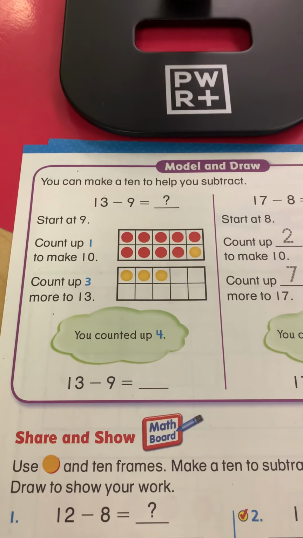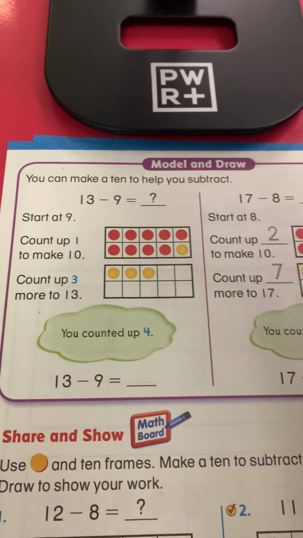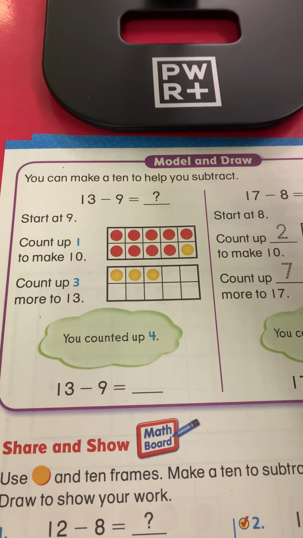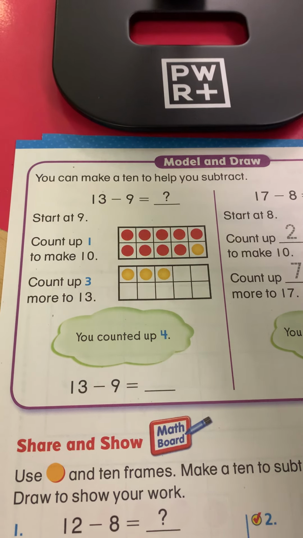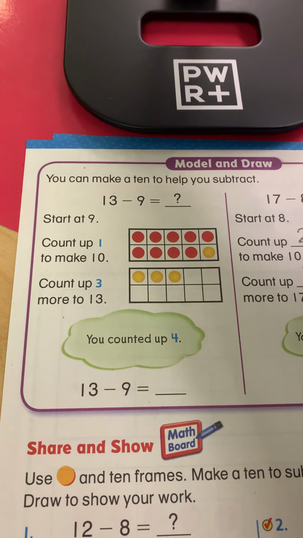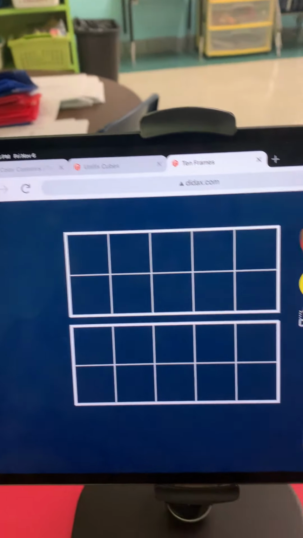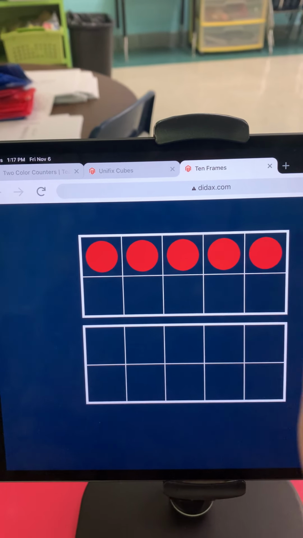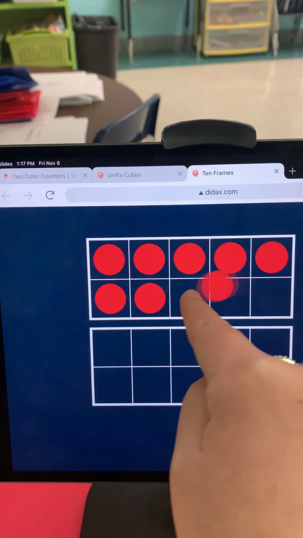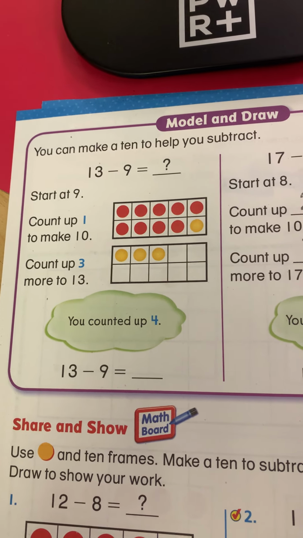Let's look at our example. You can make a 10 to help you subtract. 13 minus 9. So we're going to start at 9. Let me clear my 10 frame. Okay, so we're going to start at 9. 1, 2, 3, 4, 5, 6, 7, 8, 9. Okay. We're going to count up 1 to make a 10.